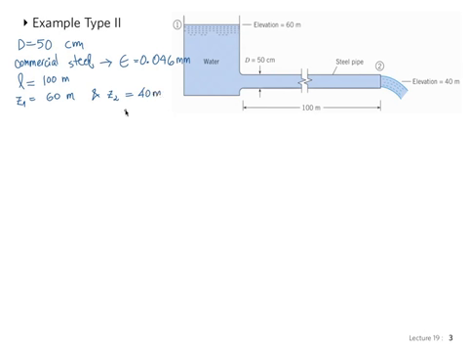So you see this is gravity driven, driven by the elevation difference, the flow. And we're told it's water, so we can get the viscosity of water from a table, and I've got it right here. Nu is 10 to the minus 6 meters squared per second. And we're asked, of course, to determine the flow rate. So this is going to be a second type problem, type 2. Determine the flow rate.